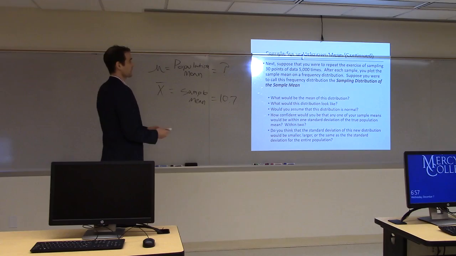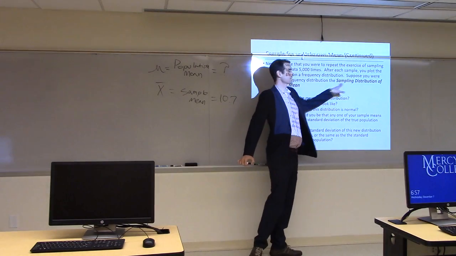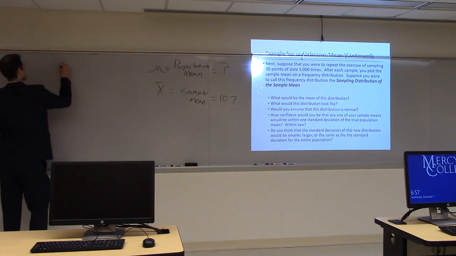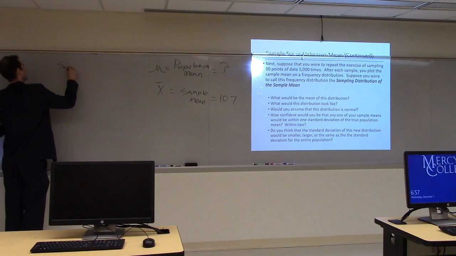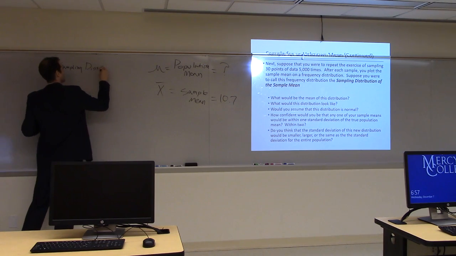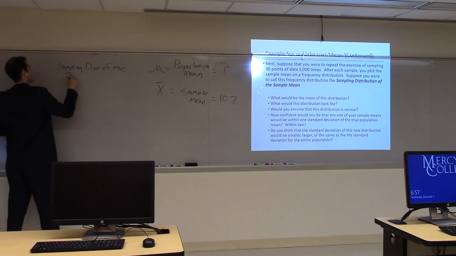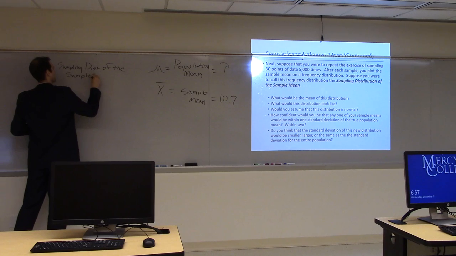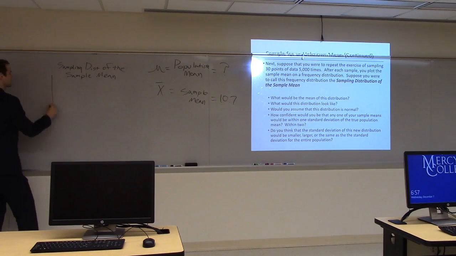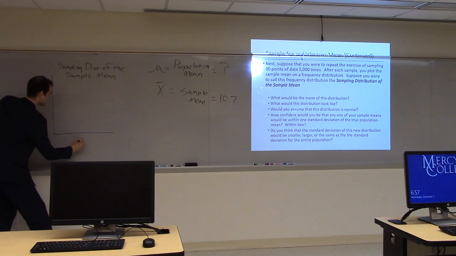We're going to graph this on a frequency distribution, and we're going to call this frequency distribution the sampling distribution of the sample mean. We're going to have frequency or probability on the vertical axis, and outcome on the horizontal axis.